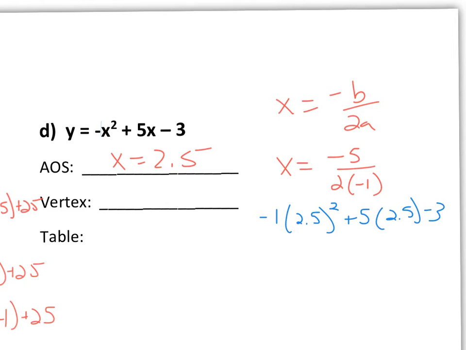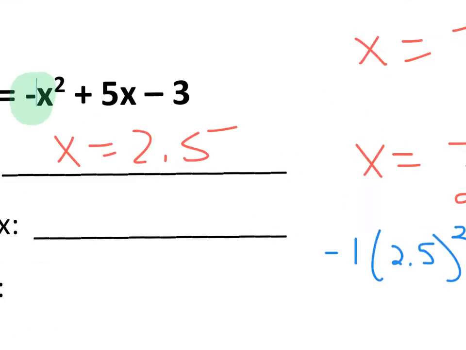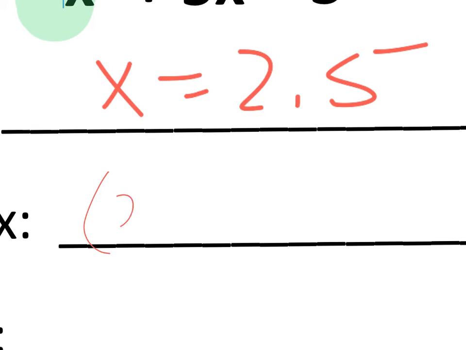So again, I'm just cautioning you right here, please be careful of this, that you need to put a -1 in when you're typing this into your calculator. Otherwise, you will end up with the wrong answers. Okay, and so when I put it in my calculator, I got 3.25. So my coordinate point right now is 2.5 and 3.25.